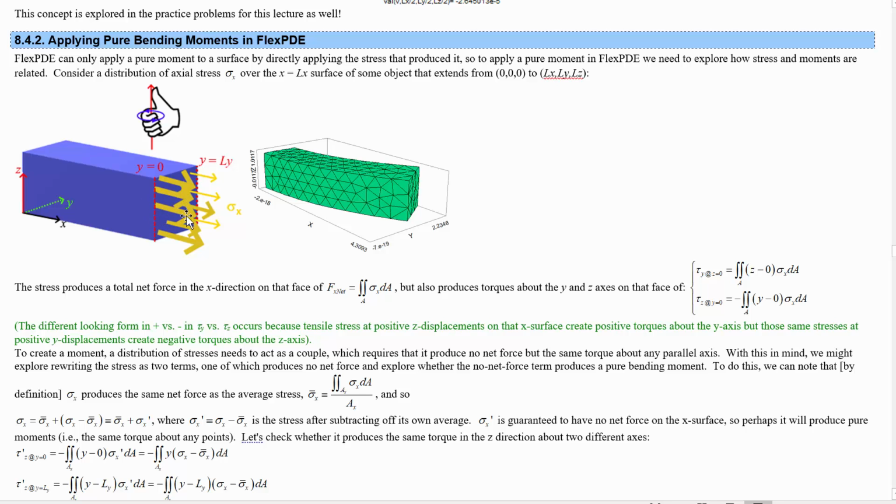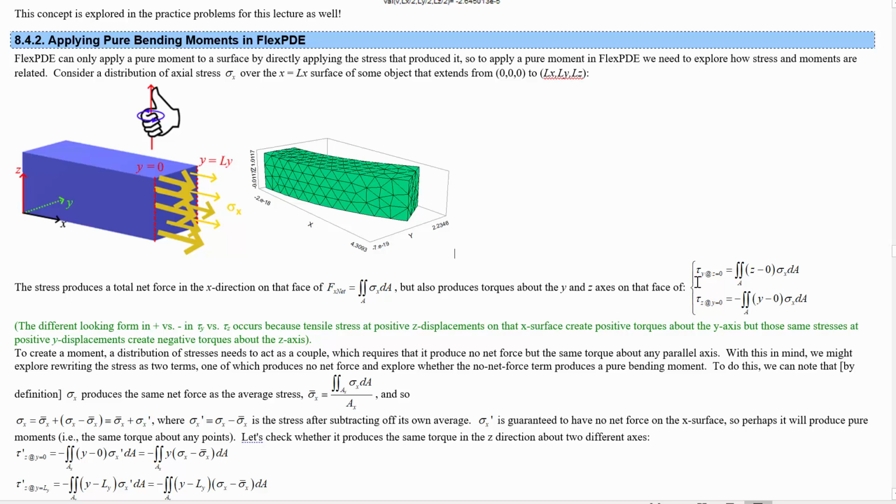You see these ones are rotating it around that, so that's going to produce a torque in the negative z based on how strong they are and how far over they are in positive y going to the right here. So the torque in the z direction about the line y equals 0 would be negative the y displacement from y equals 0 times sigma x with respect to area, integrated over the surface.